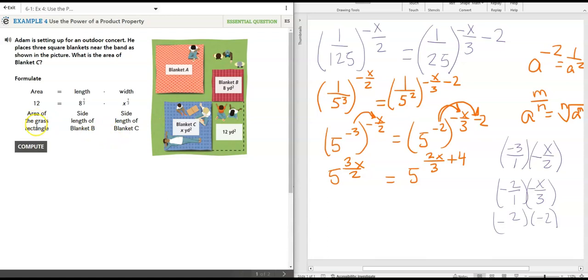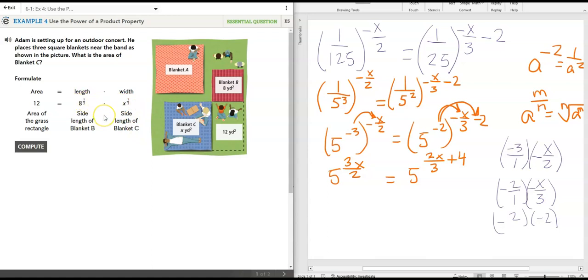The area of the grass rectangle, this entire area, is equal to the length 8.5, the side length of blanket B. Oh, sorry, this grassy area here, 12, is equal to the side length of blanket B and the width of blanket C, side length here. So this is this area here. Because we know the area of the grass and we know the length of blanket B, that will help us find the length of blanket C.